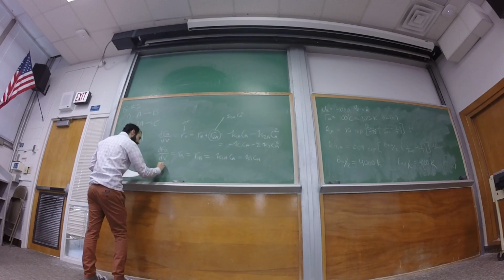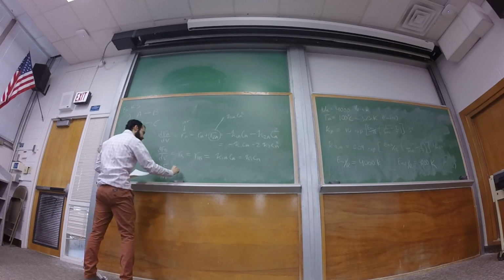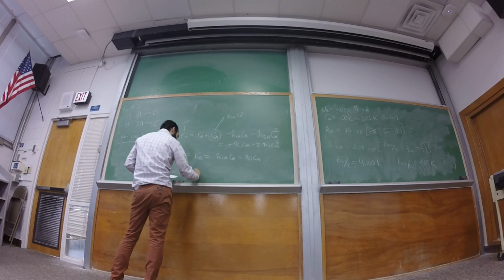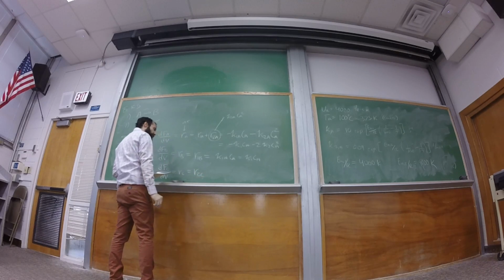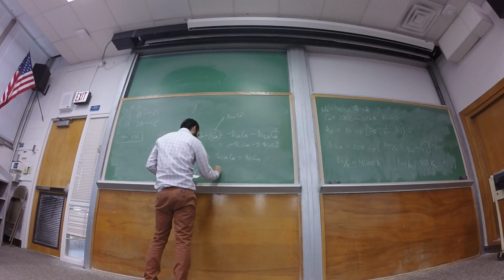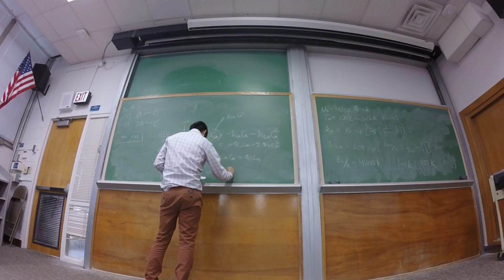And now C, FC dV, the rate of C, which is equal to the rate of C in reaction 2. There is no reaction 1. And that is equal to minus 1/2 the rate of 2A.